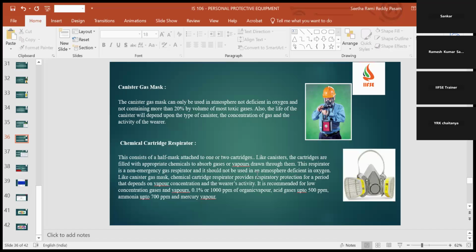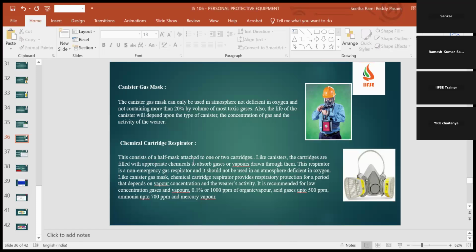As I mentioned, these are cartridge types, so you have to choose based on the type of hazard present in the atmosphere, meaning the chemical concentration in your workplace. Accordingly you have to choose.